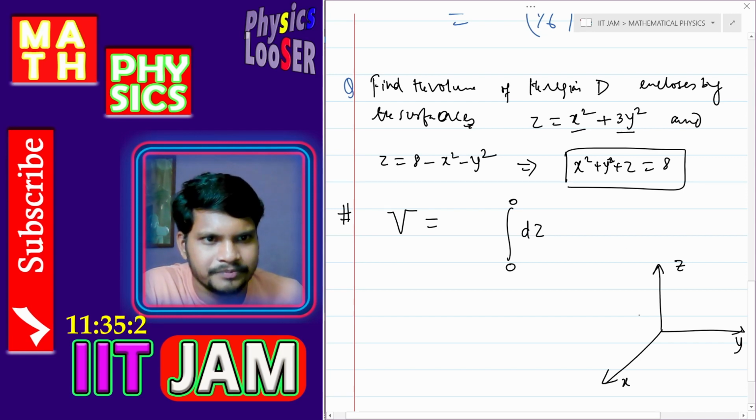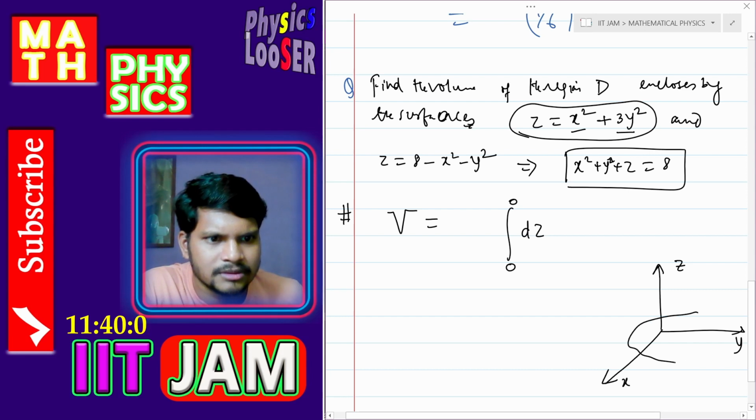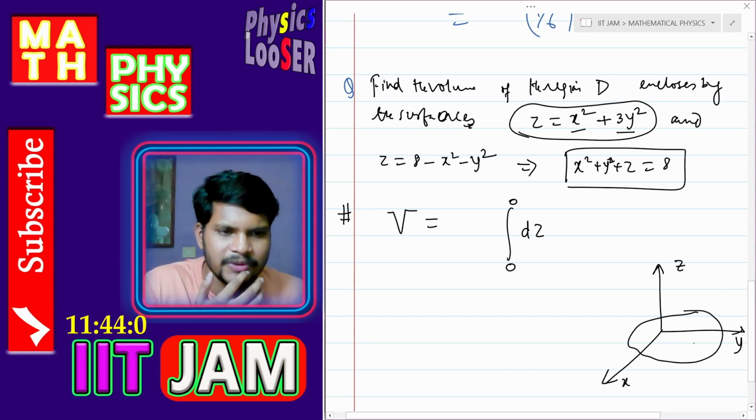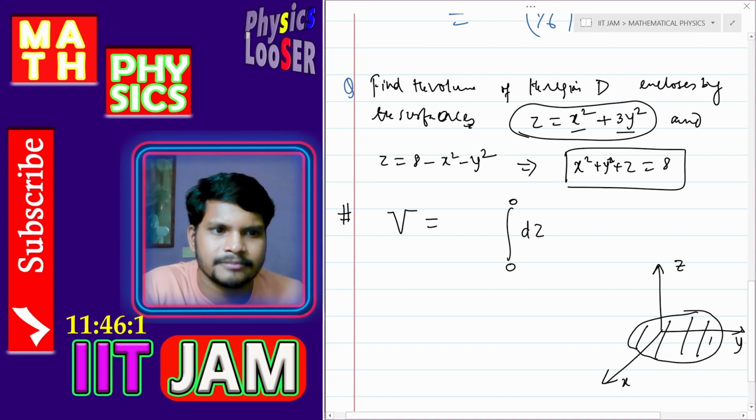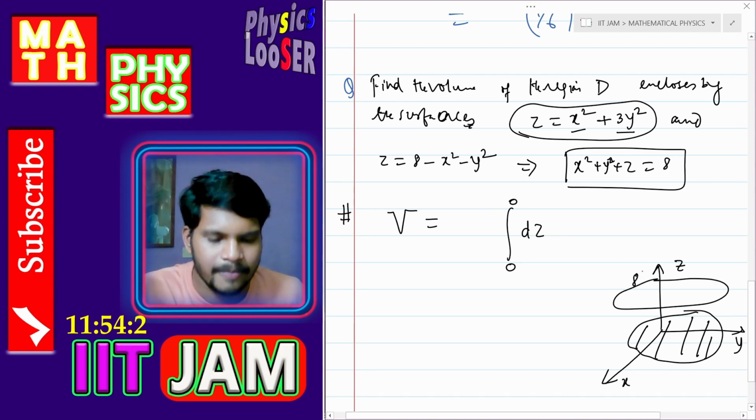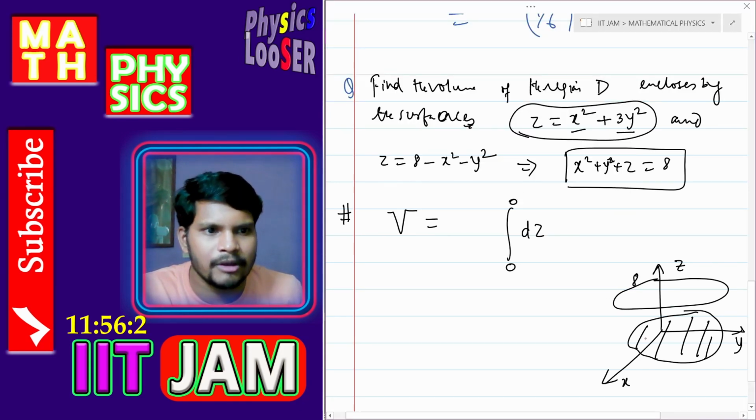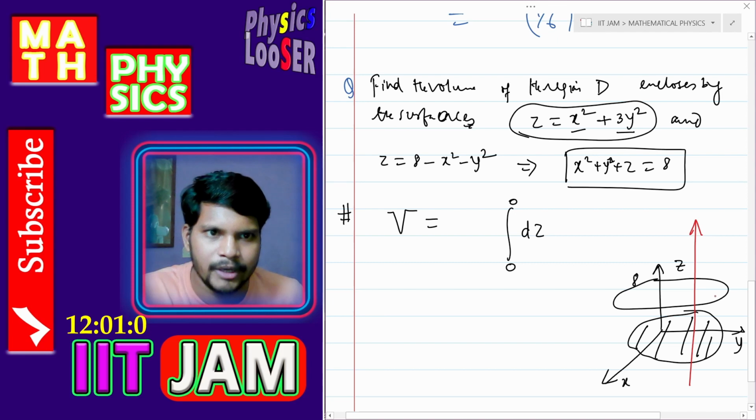It says that some portion of this surface will always be in the xy plane, while for the other, x squared plus y squared equal to 0 gives z equal to 8, so this would be in the upper region. So when evaluating the limit going from downwards to upward, you already know that this will be the lower and this would be the upper limit.